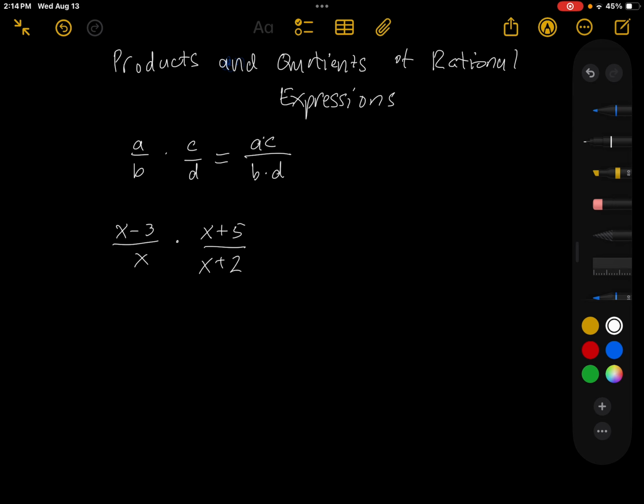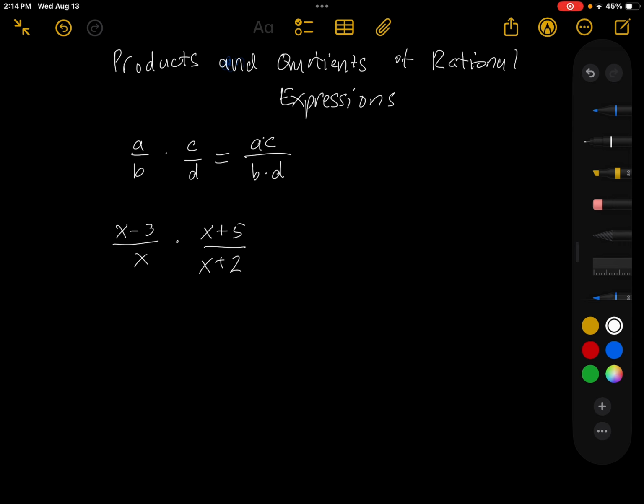So if x is a number, then I'm going to get a fraction times a fraction. And I can multiply fractions by multiplying the numerators and denominators.